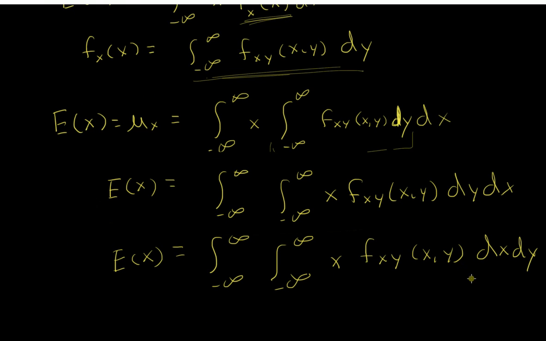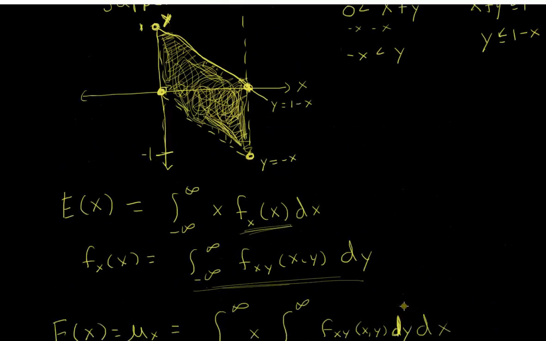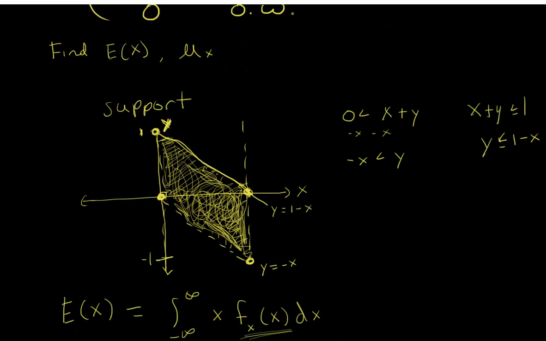So let's go ahead and set it up for both, and then we'll solve it for one of them. I'll set it up for the easiest way first. If I'm trying to find this expected value, I'm going to do my double integration. What is it easier to integrate over first?